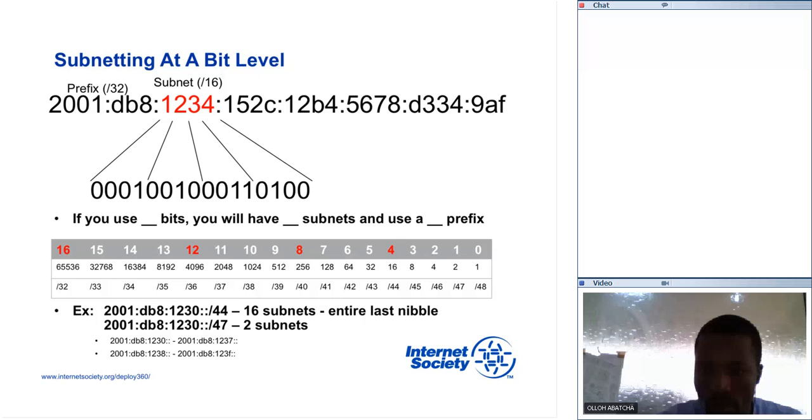Now, as a note in that bullet below, if you subnet on a /44, you'd have 16 subnets, so you could use that entire last digit as your increments.